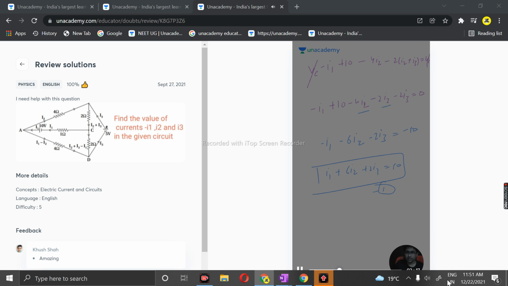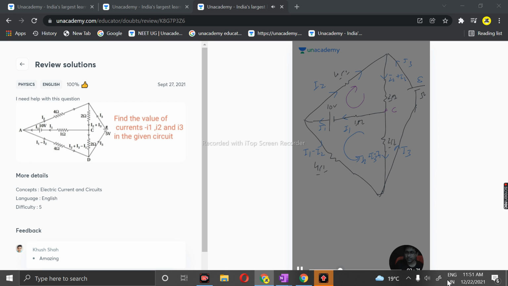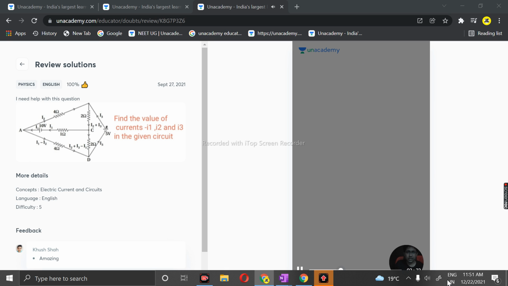Now let's write equation number 2. We are taking the lower circuit like this. Starting from point C, Vc minus I1 plus 10 and minus 4 times (I1 minus I2), that means plus 4I2, and plus 2 times (I2 plus I3) minus 2I1 is equal to Vc. Vc cancels out.